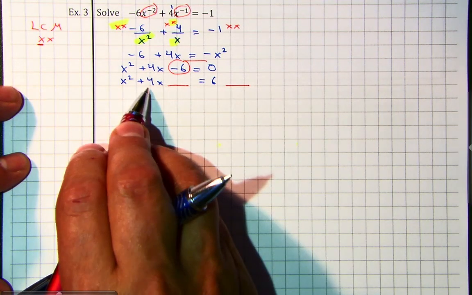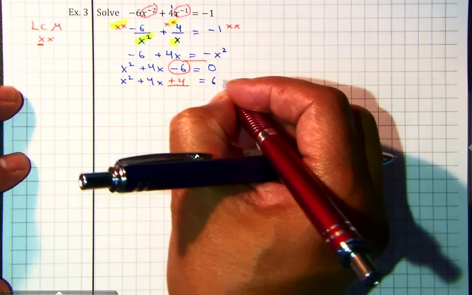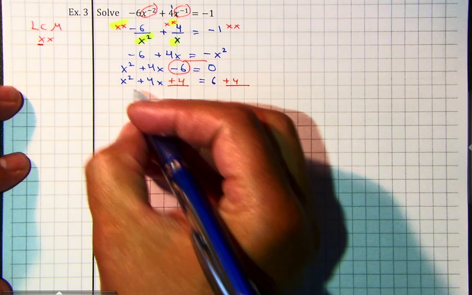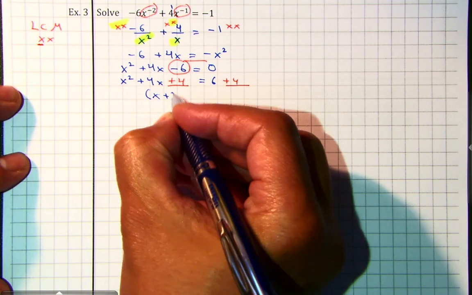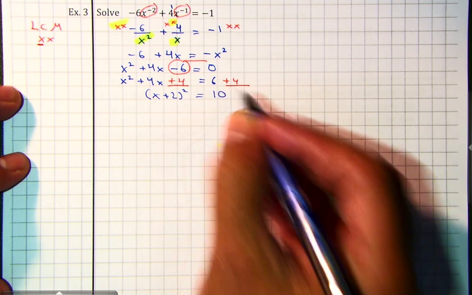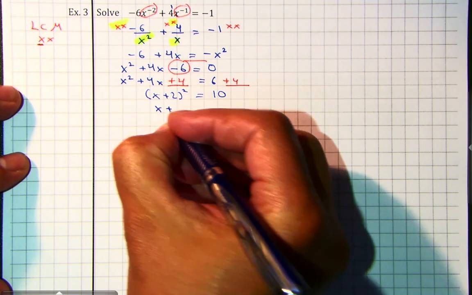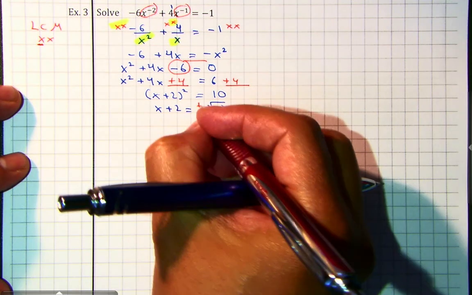Half of 4 is 2, 2 times 2 is 4. I can factor this out, x plus 2, or x plus 2 squared. So that's a perfect square trinomial. 10, square root on both sides, so therefore x plus 2 equals the square root of 10, but let me not forget my plus or minus.